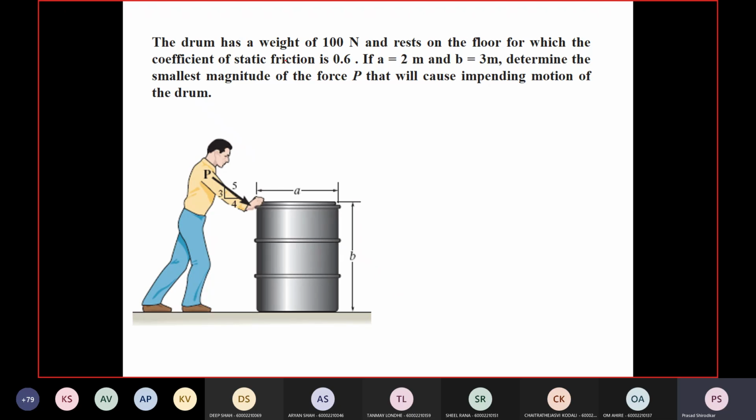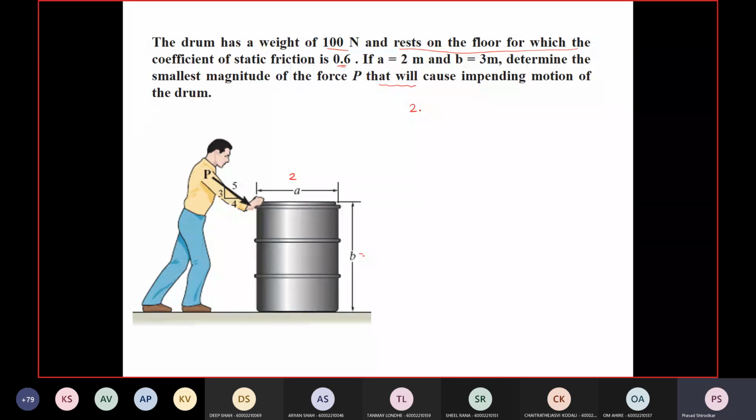The drum has a weight of 100 newtons and rests on the floor, for which the coefficient of static friction is 0.6. If A is 2 and B is 3, determine the smallest magnitude of force P which will cause the impending motion of the drum.